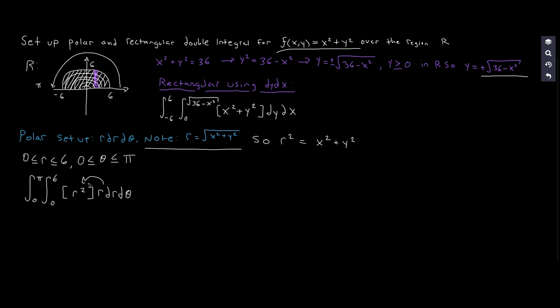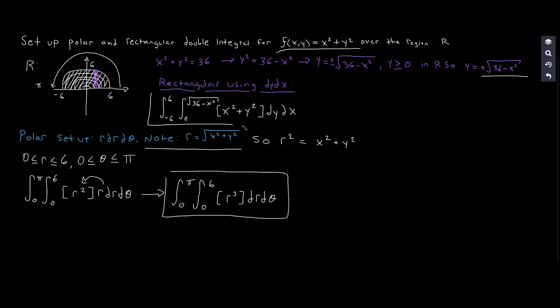Of course, we have to distribute that r in there. So that becomes the integral from 0 to pi times the integral from 0 to 6 of r cubed dr d theta. So this is the polar setup. We have our polar setup and our rectangular setup, and that's the answer for this problem.